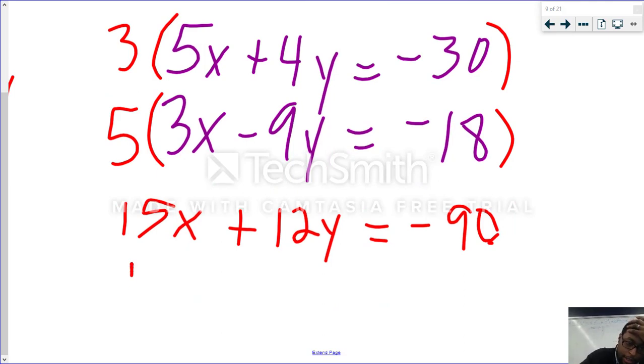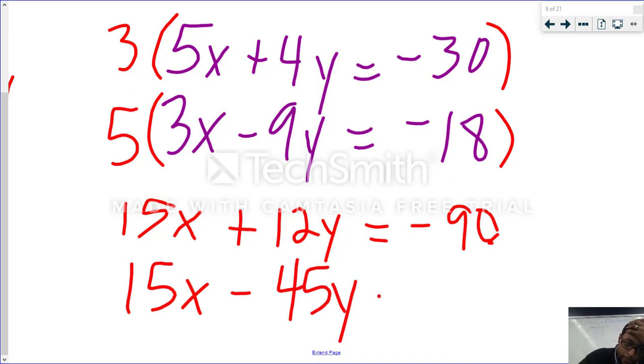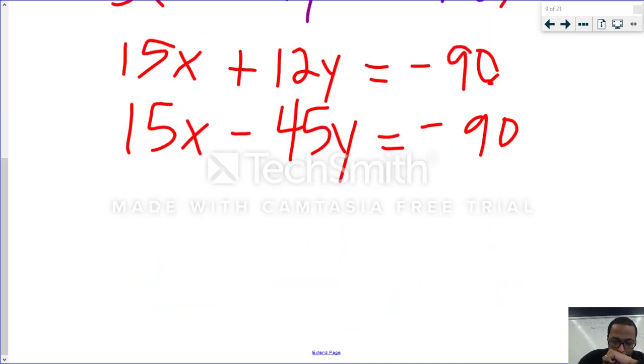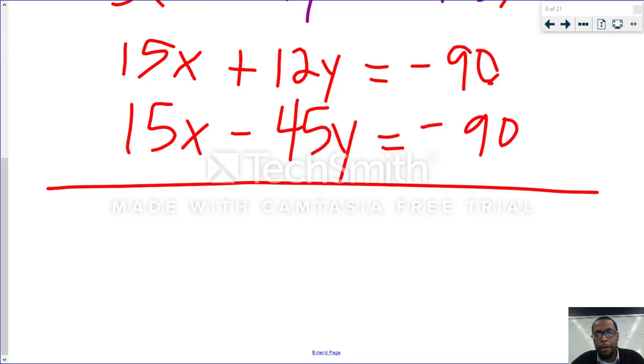5 times 3 is 15x. 5 times negative 9 is negative 45y. And 18 times negative 5 is negative 90. Okay. So now, I have two 15s here.